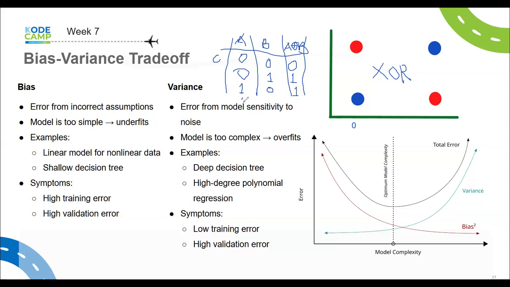And when both of them are true, A is one and B is one, then exclusive OR is zero. So in other words, this is the logic: either A or B, exclusive or. So if you plot that on a graph, right?